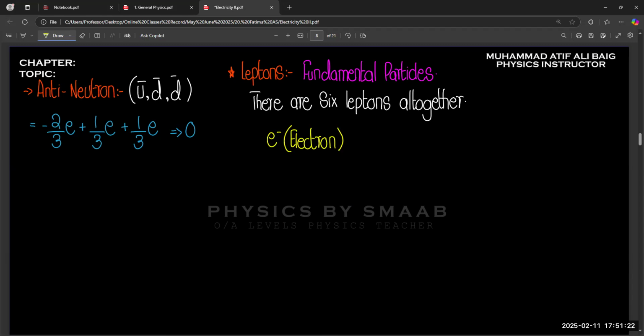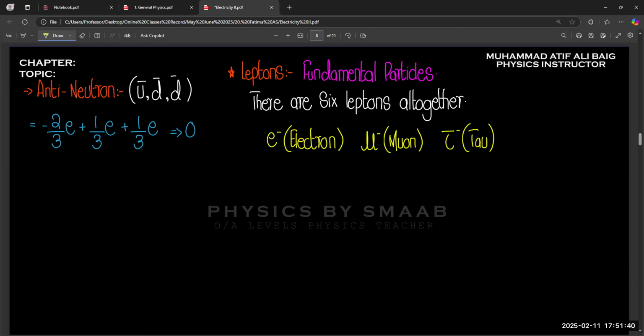Next we have muon. And the third one is tau.